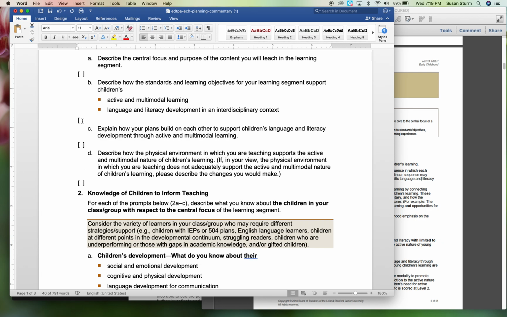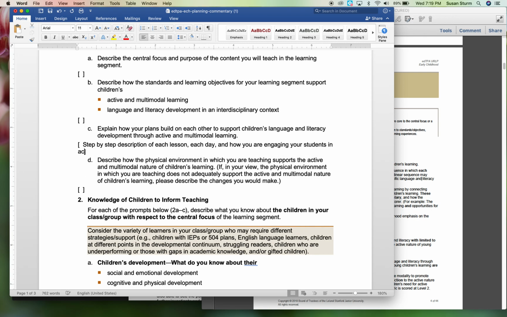Okay, so the next question is: explain how your plans build on each other to support children's language and literacy development through active and multimodal learning. So this one truly is a step-by-step description of each lesson, each day, and how you are engaging your students in active.